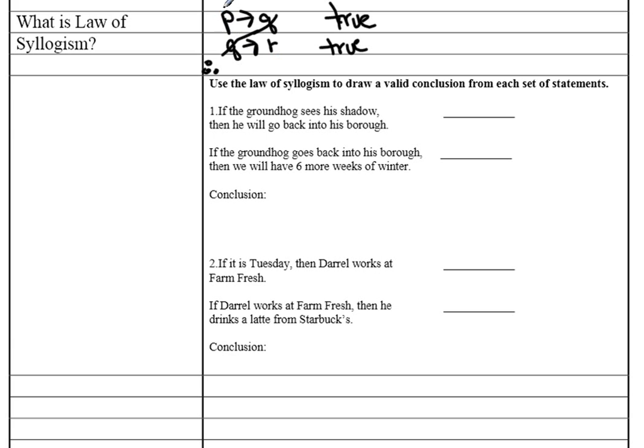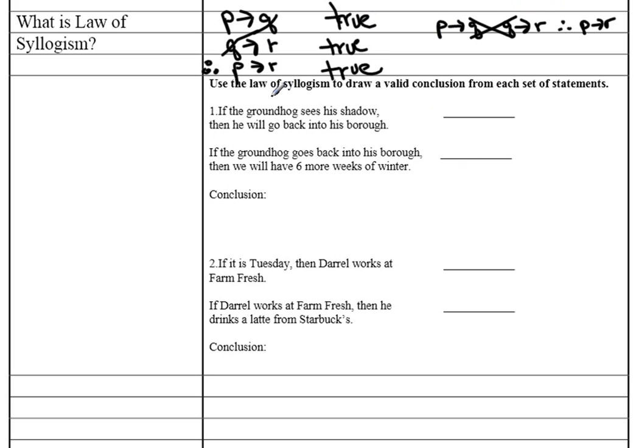We can conclude that P then R is true. So it's actually, if you remember the transitive property of geometry or of algebra, when you had the two ideas back to back, and you could cross out the middleman and you were just left with the first and the last term.